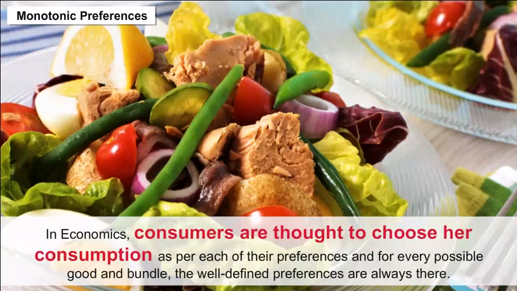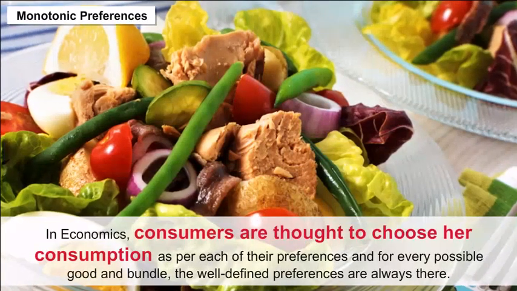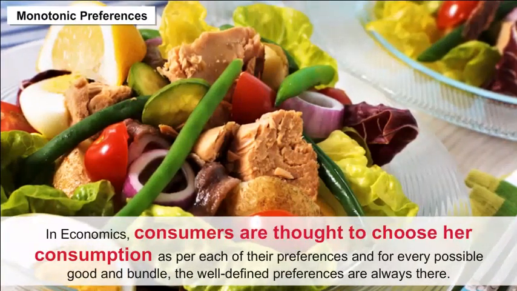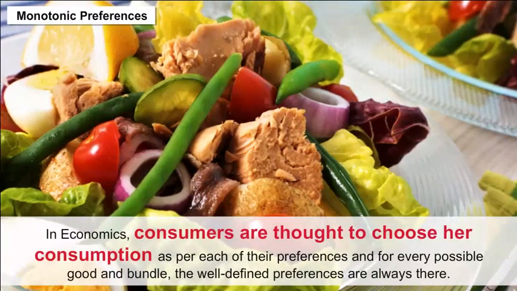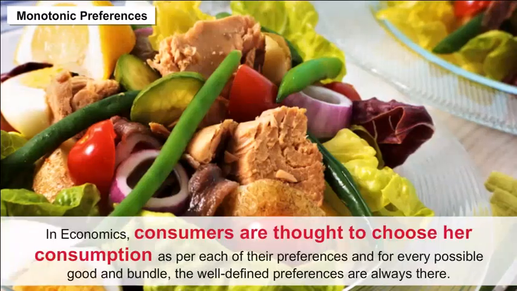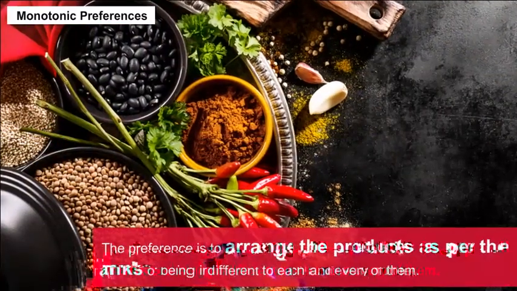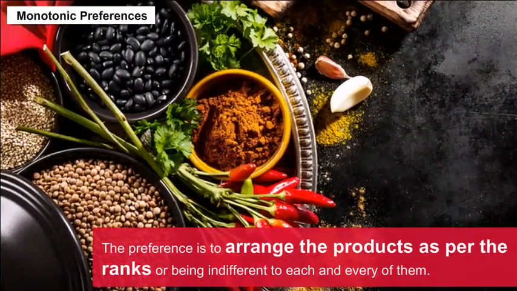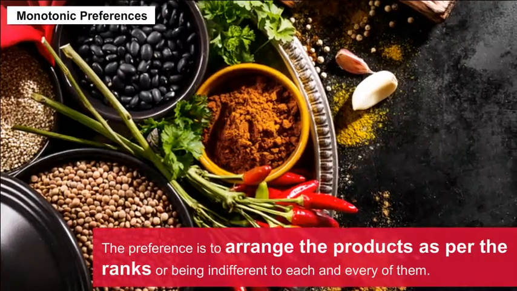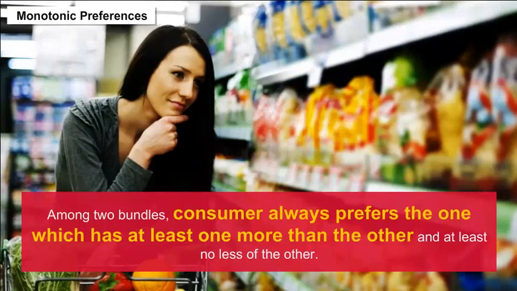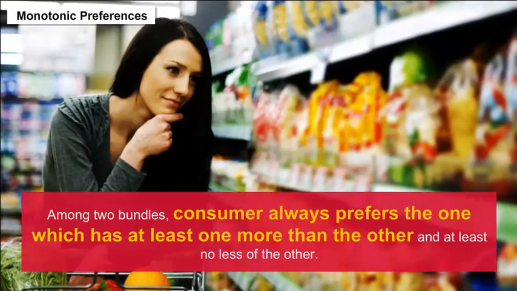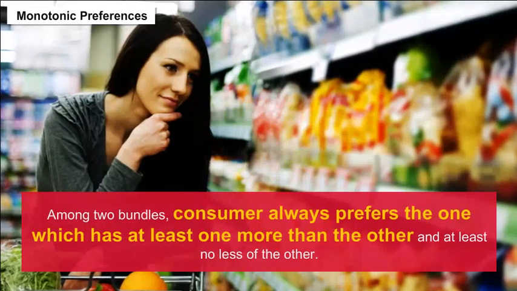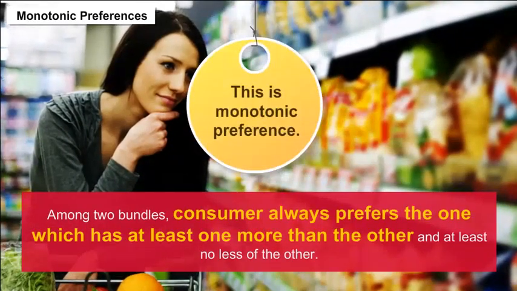In economics, consumers are assumed to choose their consumption as per their preferences, and for every possible good and bundle, well-defined preferences are always there. That is, the preference is to arrange the products by rank or to be indifferent between them. Among two bundles, the consumer always prefers the one which has at least one more of a good and at least no less of the other. This is monotonic preference.